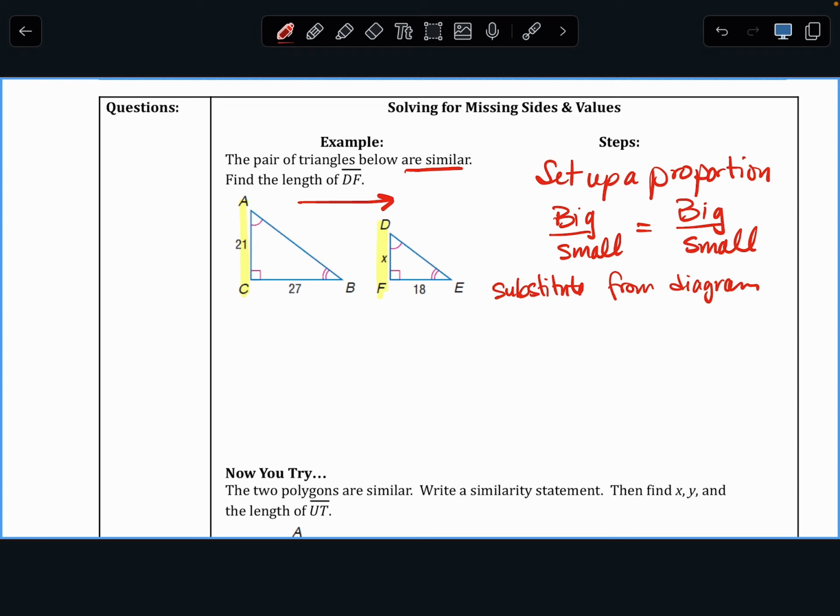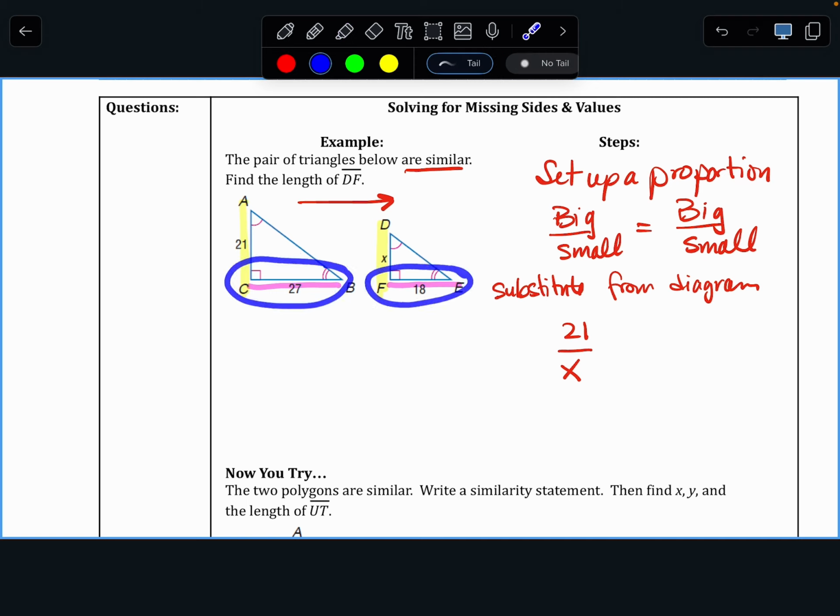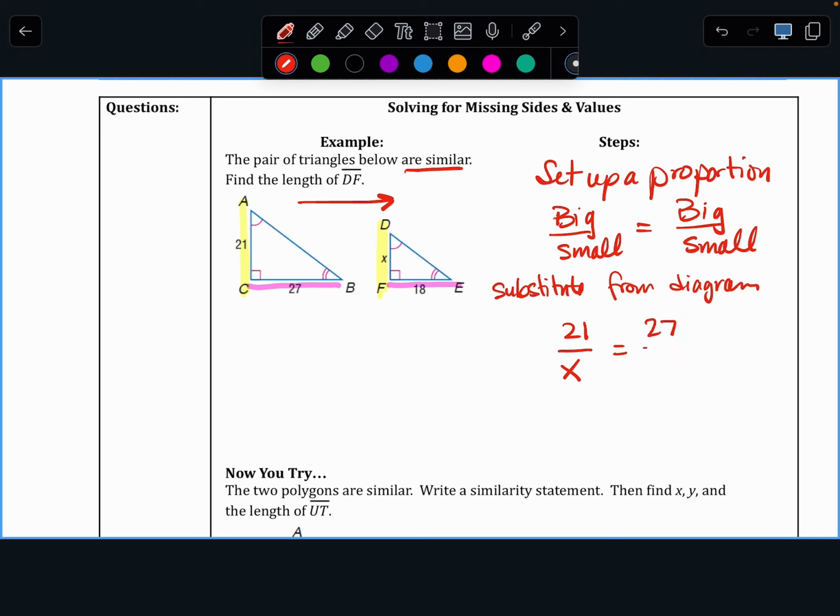So then I'm going to put 21 over x, and then CB and FE, again, from the two to the right angle and two to the right angle. So that equals 27 over 18. Remember, we just went from left to right, so we're comparing the big triangle to the small triangle.